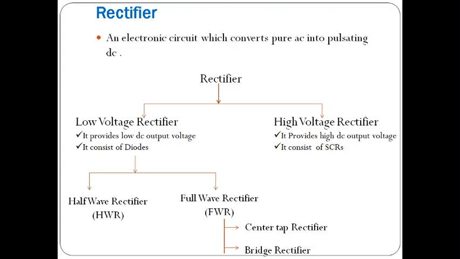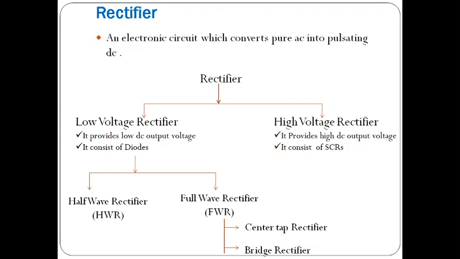Due to this reason, the PN junction diode converts AC supply to DC supply, alternating current to direct current.